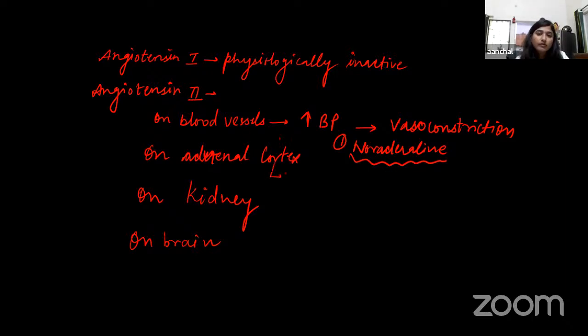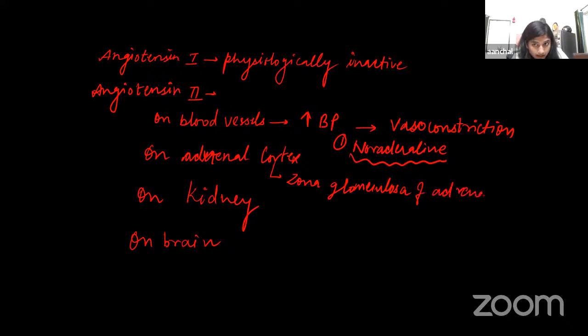Now next we have the adrenal cortex. So basically the angiotensin 2 will act on the zona glomerulosa of the adrenal cortex to secrete a very important hormone that is known as aldosterone.